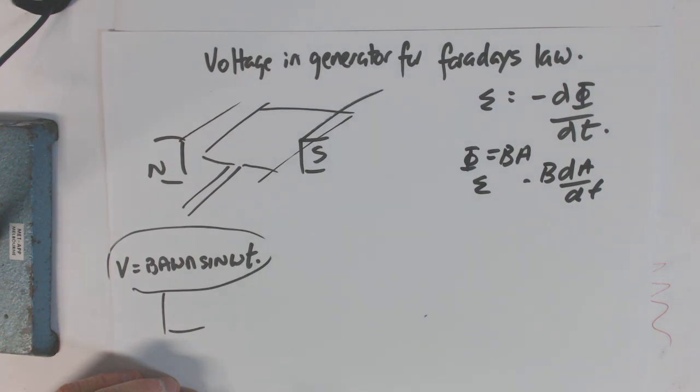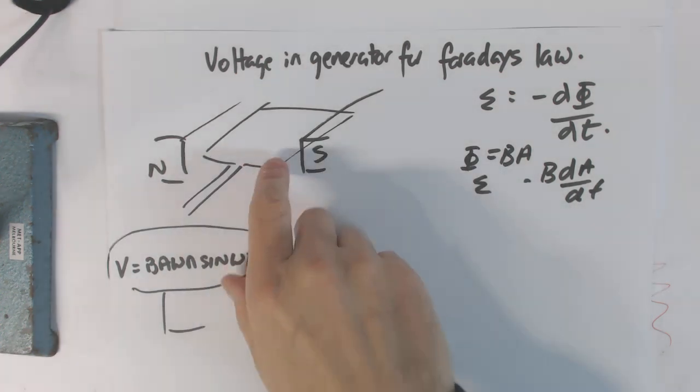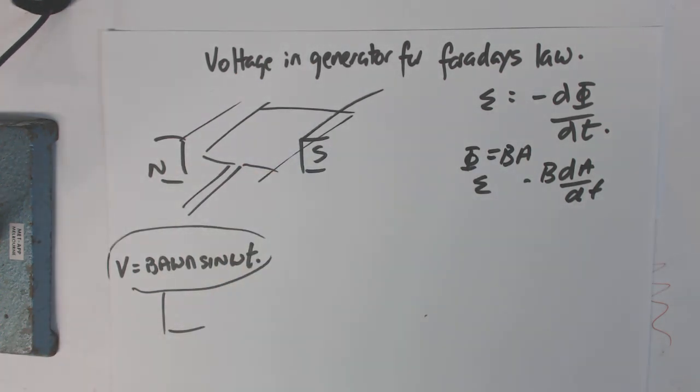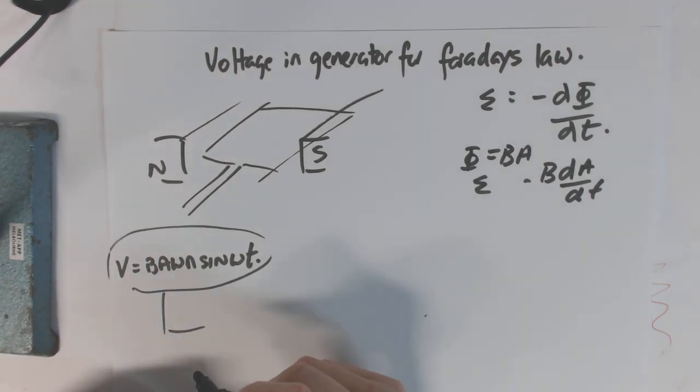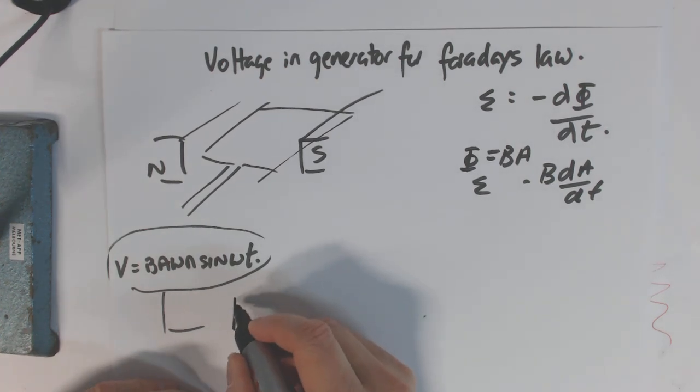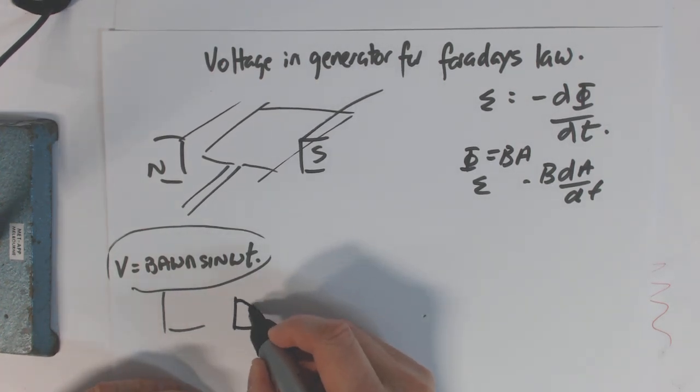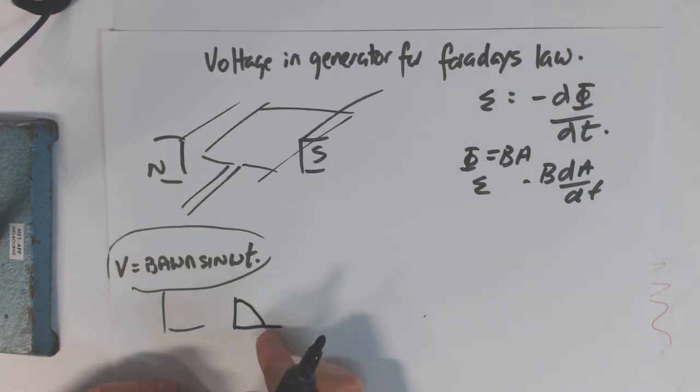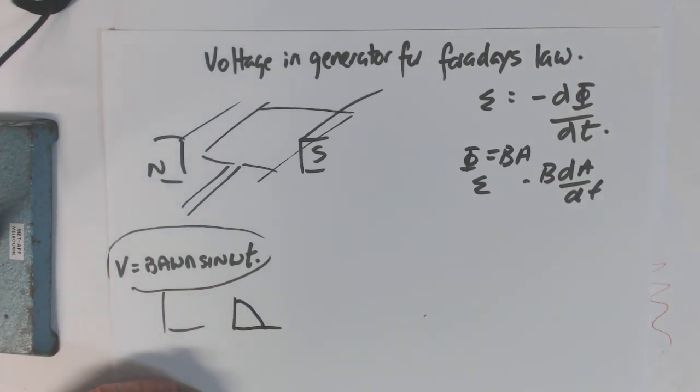And so the area is the area through which the flux is changing. At 90 degrees the area is 0, which it is, and at 0 degrees the area is maximum. Then we can say that the area can be characterized by a cosine graph, because at 90 degrees it's 0, and at 0 degrees it's maximum.